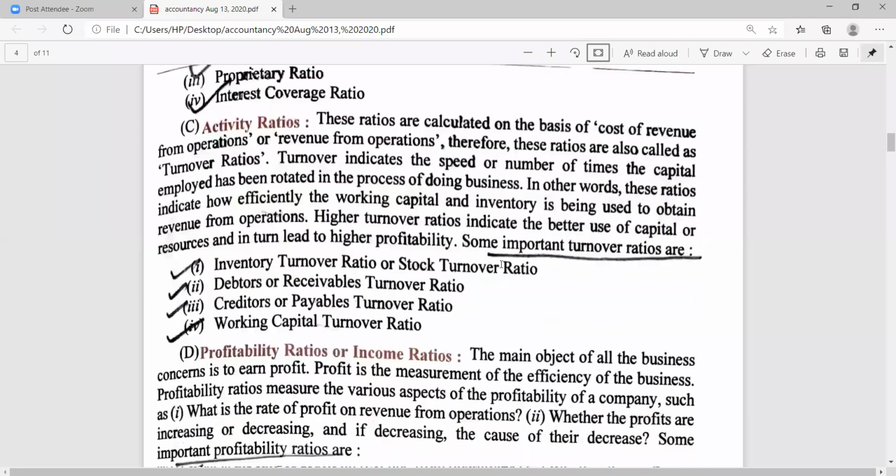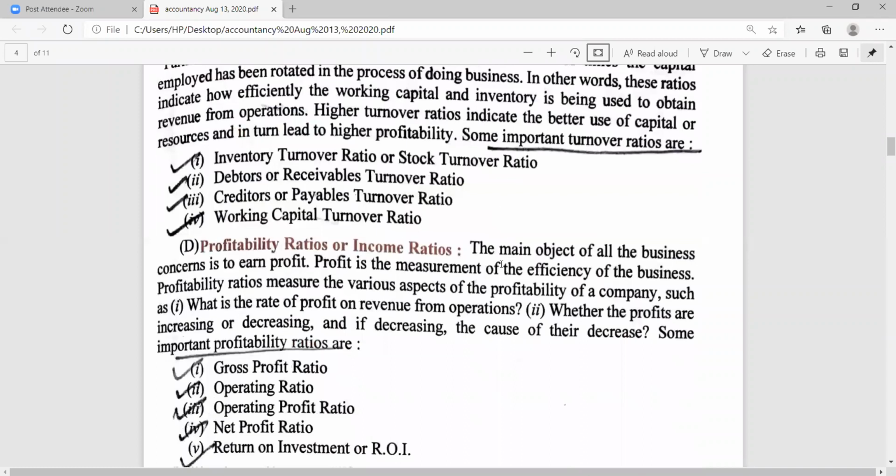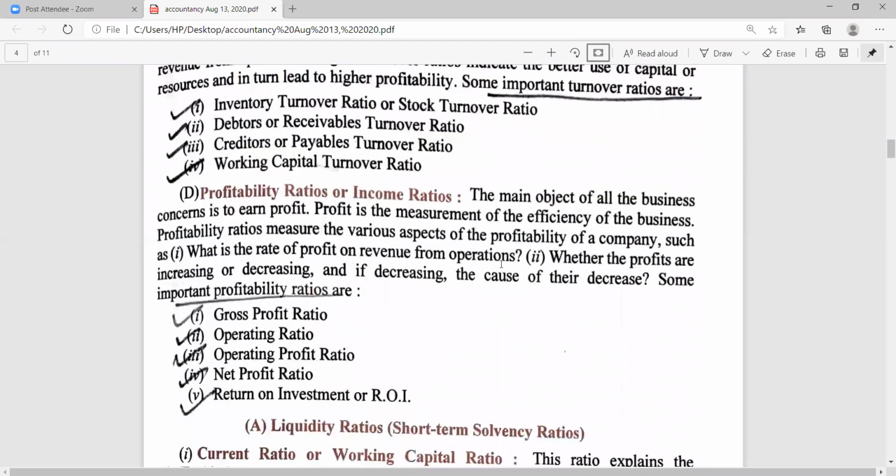If I talk about the fourth type, profitability ratio or income ratio, it consists of 5 branches. Please develop 5 branches of the profitability ratio: gross profit ratio, operating ratio, operating profit ratio, net profit ratio, return on investment.